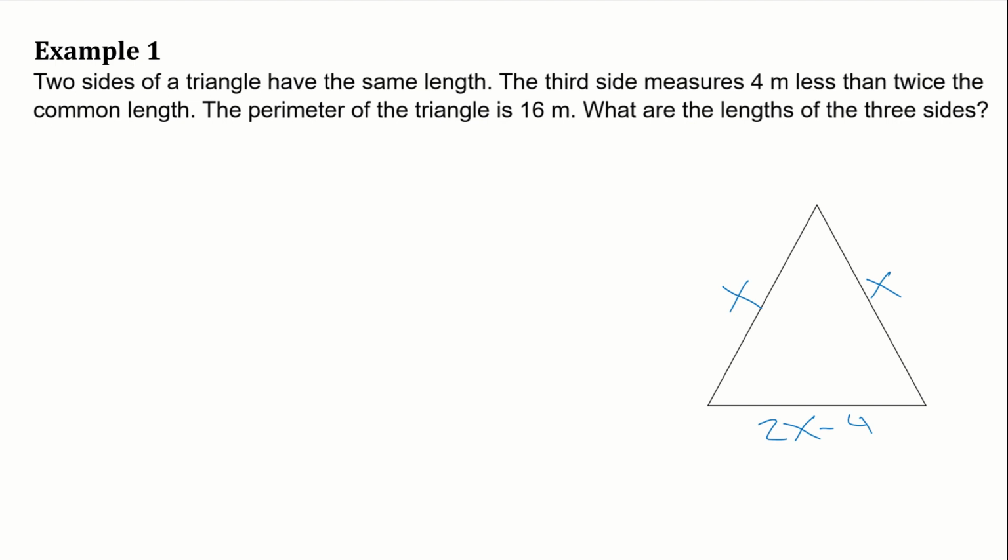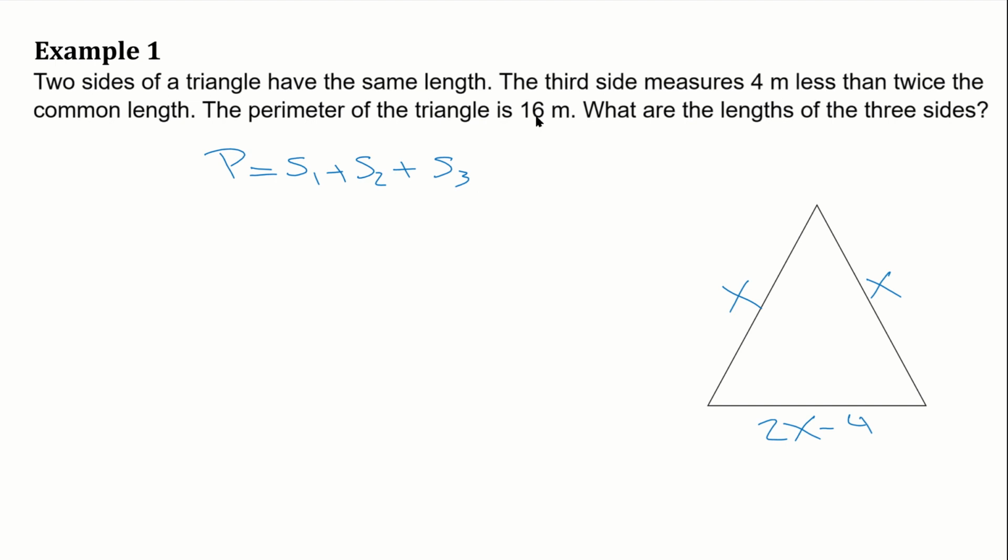So we've gone through the first step of understanding, and we're ready to go to step 2, which is to translate, right? We know that the perimeter is the length of the three sides, side 1 plus side 2 plus side 3, right? So we plug in everything we know.